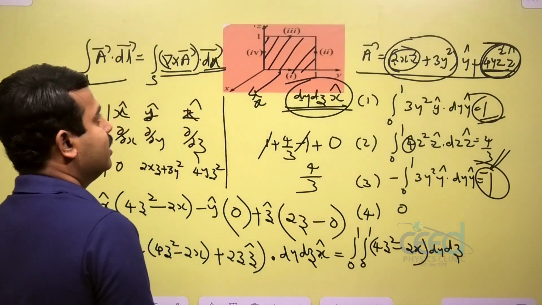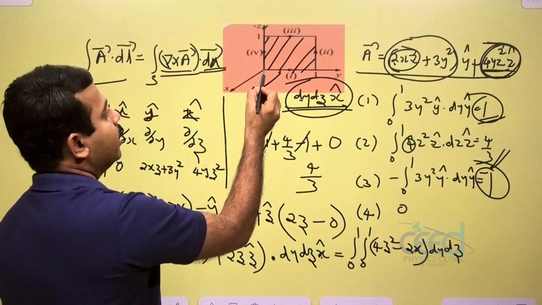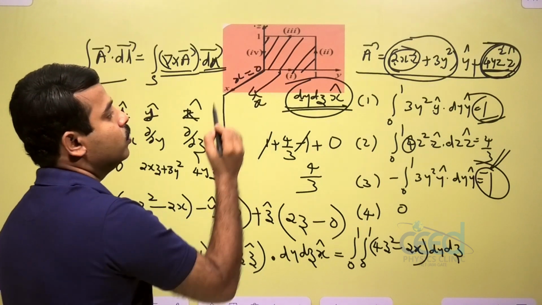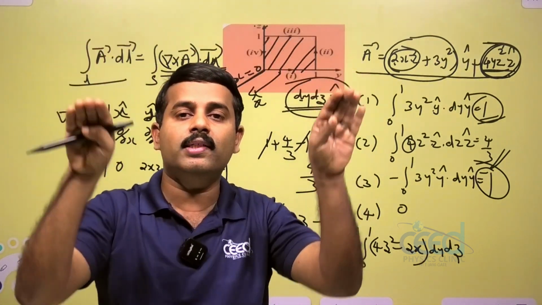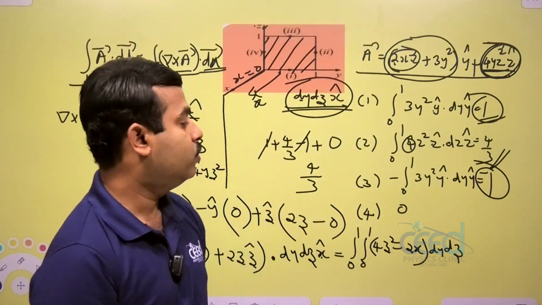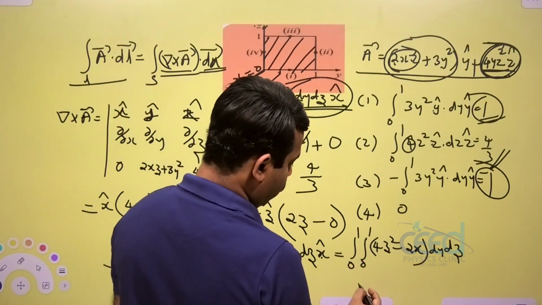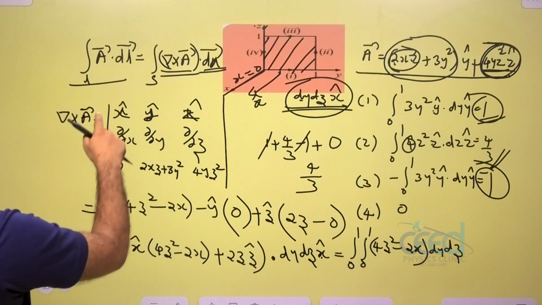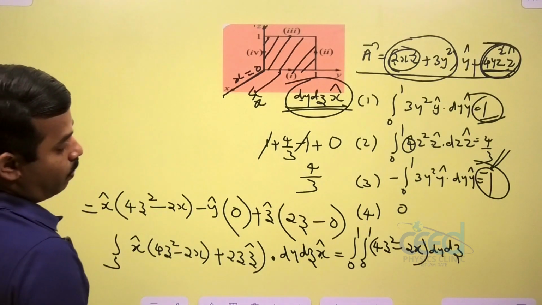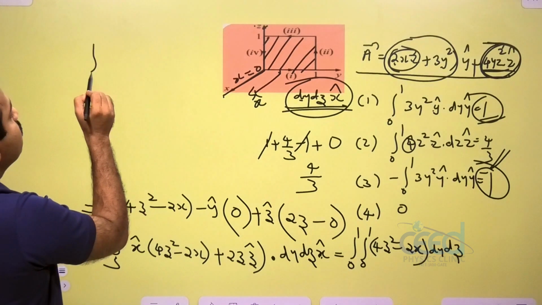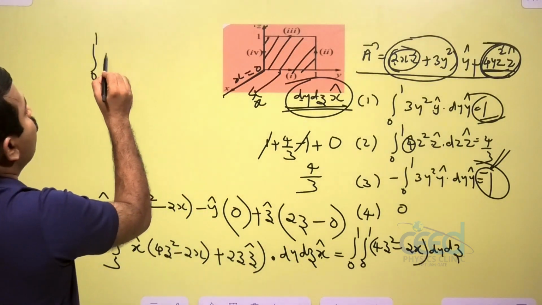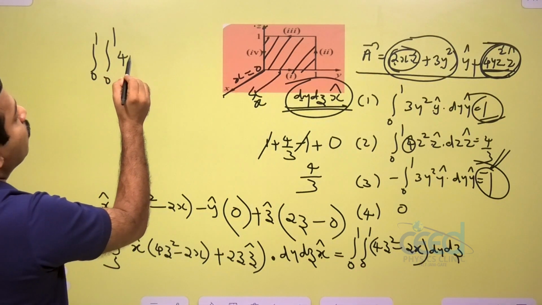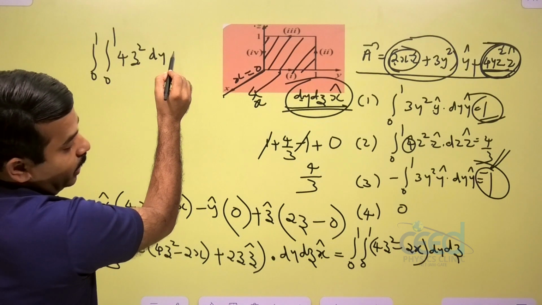Now this area is situated in the yz plane, which means x is equal to 0, because the area is enclosed in the yz plane only. So putting x equal to 0, we get the integral from 0 to 1, again 0 to 1, of 4z square dy dz.